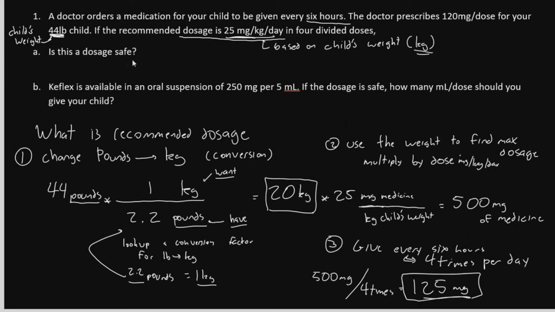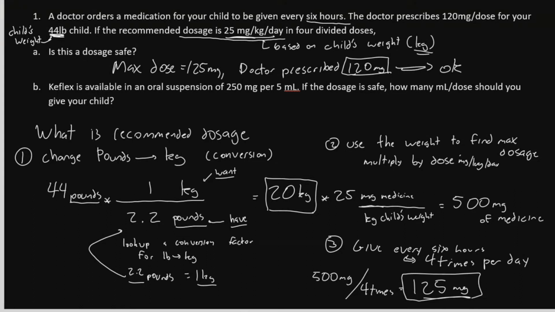So we can say the max dose is 125 milligrams, but the doctor prescribed 120 milligrams. So here's the trick. Because the doctor prescribed less than the maximum dose, that's okay.